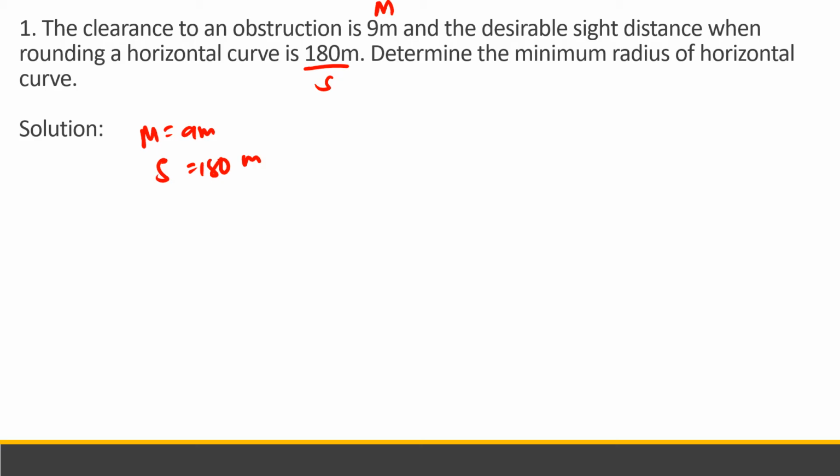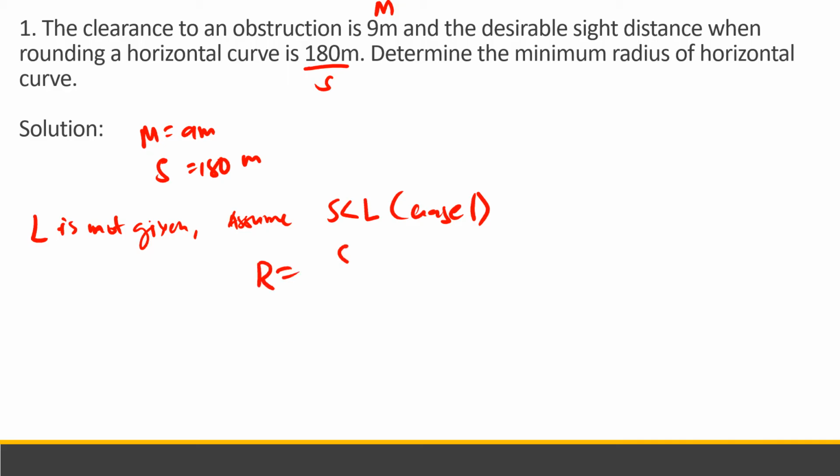So since the length of the curve is not given, we will assume first that S is less than L or yung case 1. So R is equal to S squared over 8M.